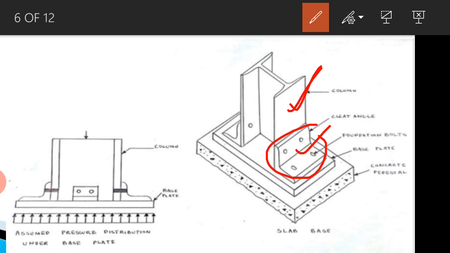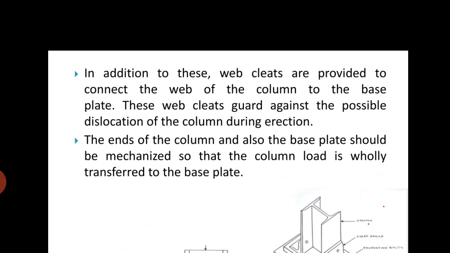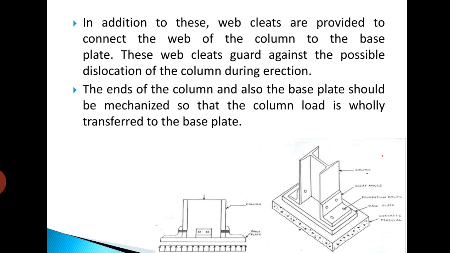Along with that we have one more additional angle, which is called the web cleat, which is mentioned here in the explanation. In addition to these, web cleats are provided to connect the web of the column to the base plate.